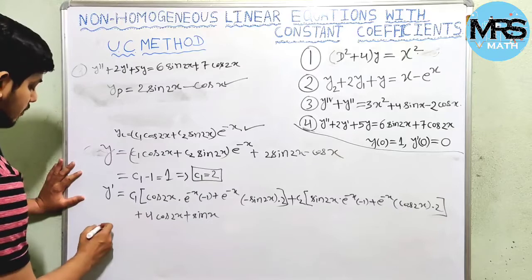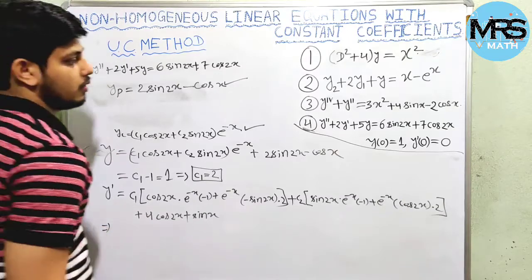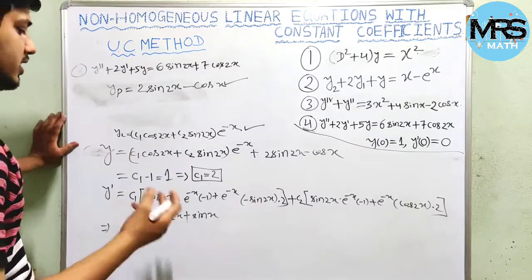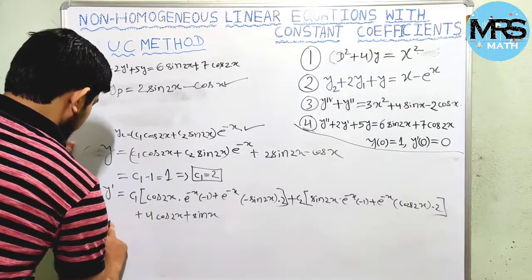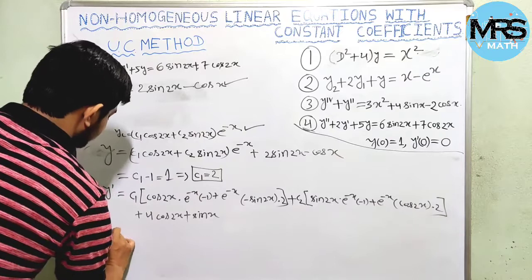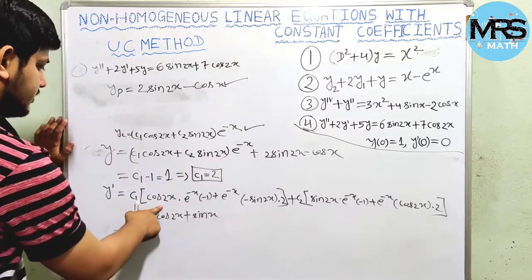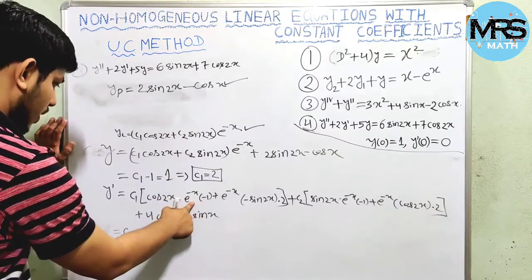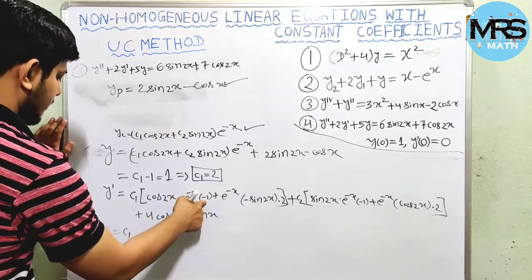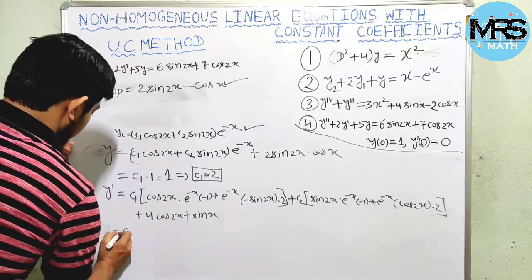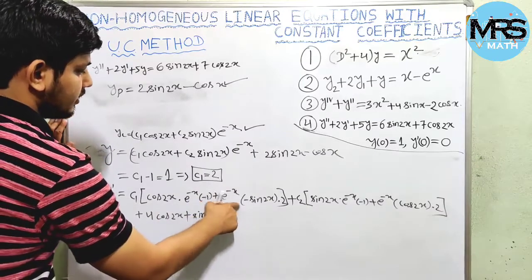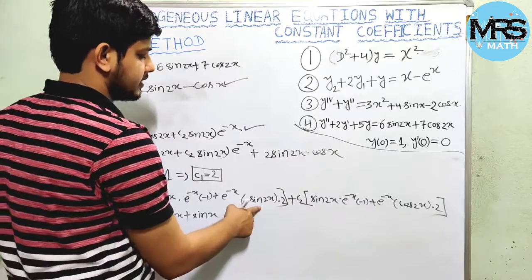So now y dash of 0 is 0, that means wherever x is there we put 0. Okay, so c1 into cos 0, which is 1, again e to the power 0 is 1. So minus 1 is there, so c1 into minus 1 is minus c1. Okay, and this term is 0 because a sin term is there.